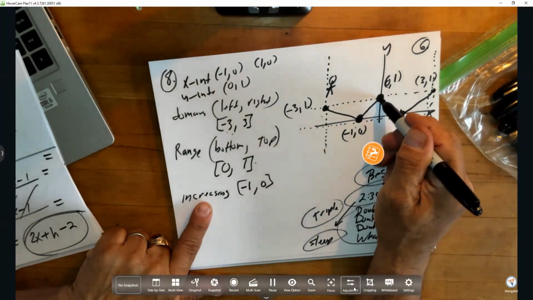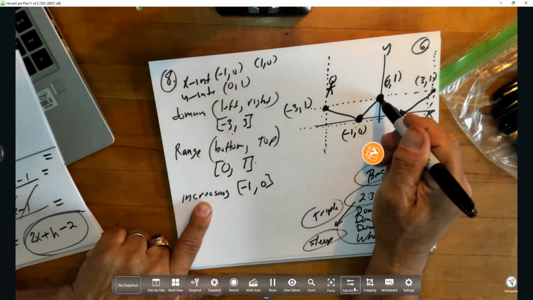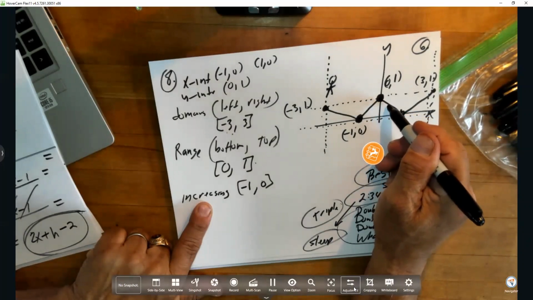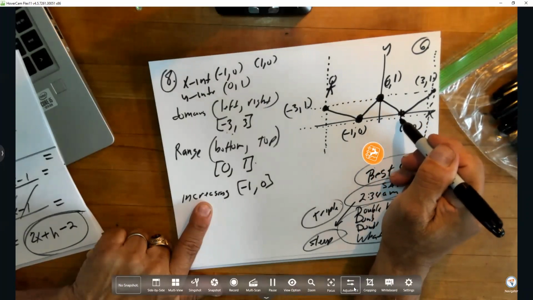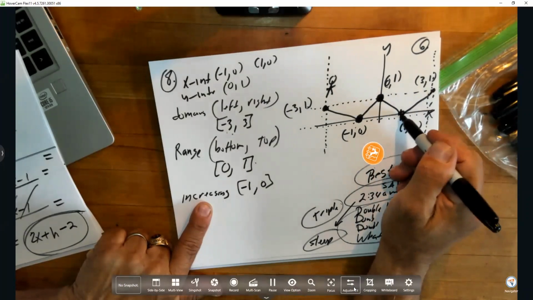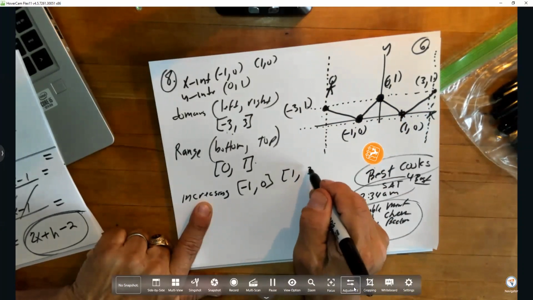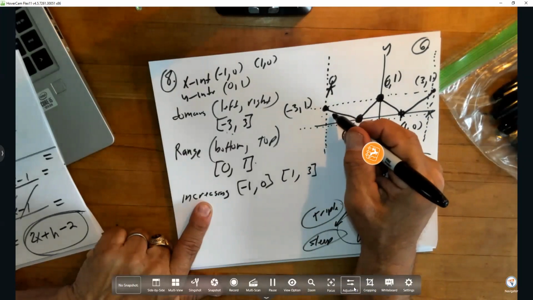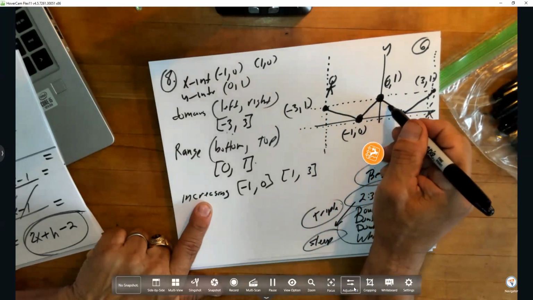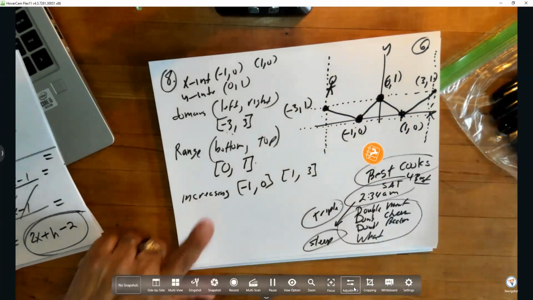And then after that, am I going downstairs again? Yes. I don't want that. And then from 1 to 3, is it going upstairs again? Yes. So from 1 to 3, it's going upstairs right there. Does that make sense? See how I do the increasing?